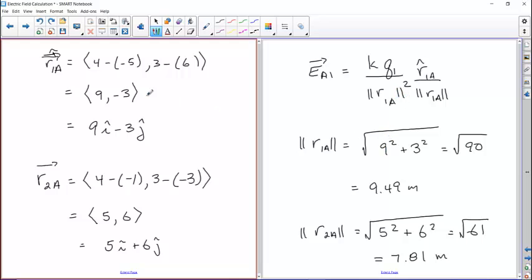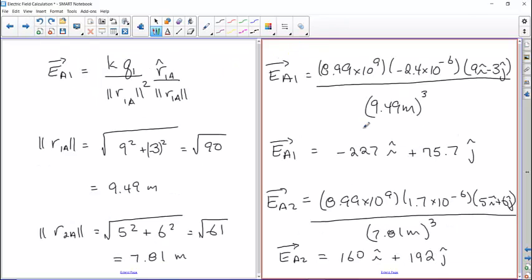So you take the x component squared plus the y component squared, take the square root, Pythagorean theorem. Now I didn't put the negative sign here because when you square it, it goes out anyway. You get the same answer. Well, these are both positive, so I don't have to worry about it. So we see from charge 1 to point A is 9.49 meters, and from charge 2 to point A is 7.81 meters.